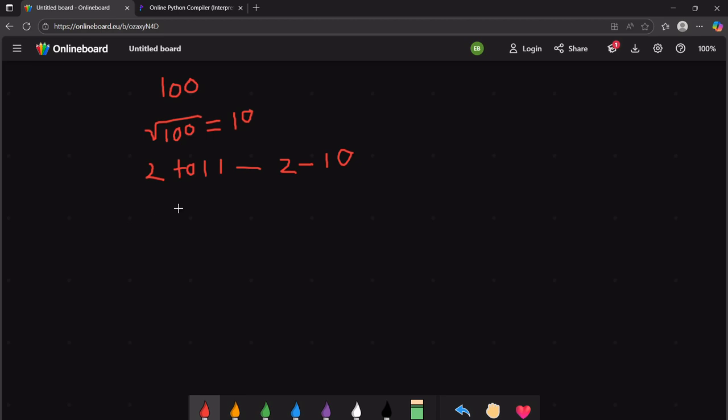I have to divide 100 by all these values from 2 to 10: 100 divided by 2, 100 divided by 3, 100 divided by 4.